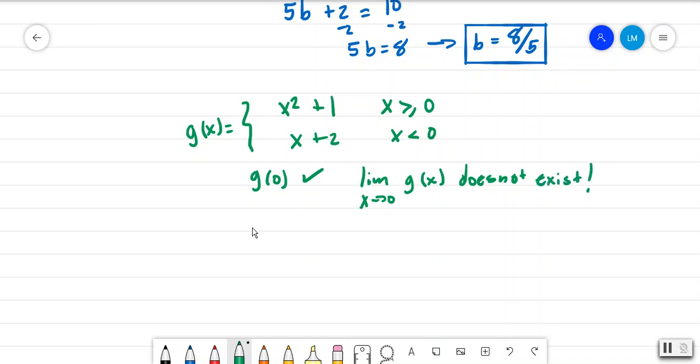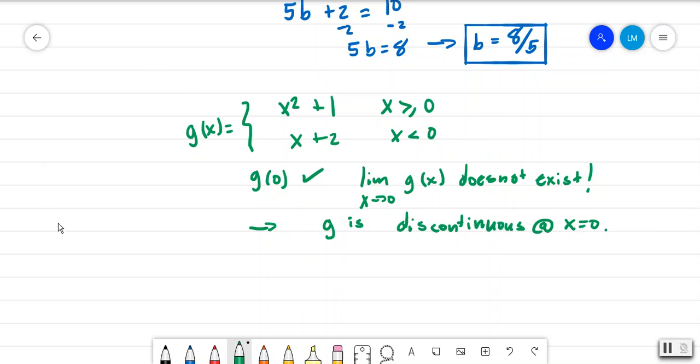So this means that the function is discontinuous at x equals 0.